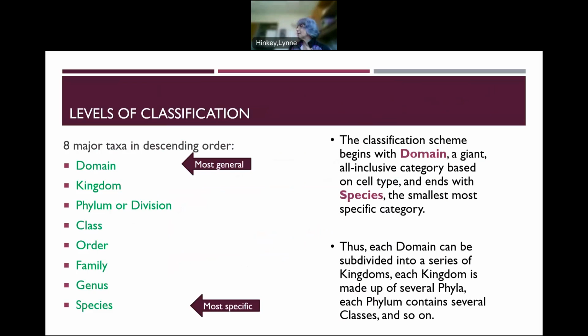So in our domain of bacteria, the first level kingdom is bacteria. In archaea, the first level is archaea. In the domain eukarya, we have 4 different kingdoms: plantae, plants; animalia, animals; fungi, our fungus; and protists.